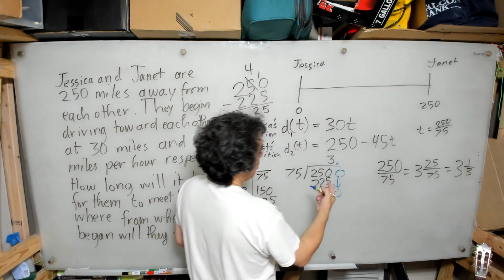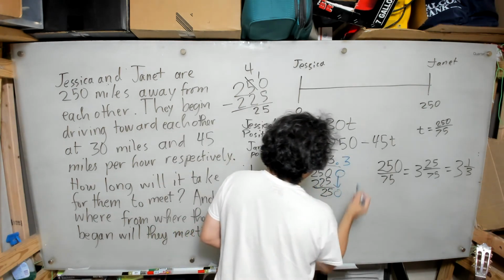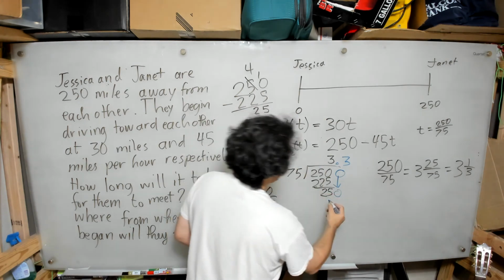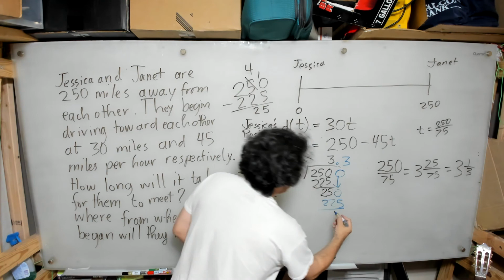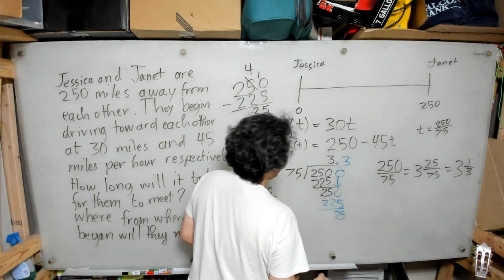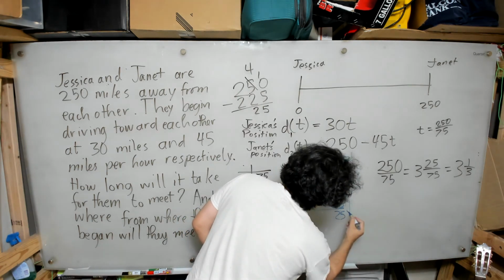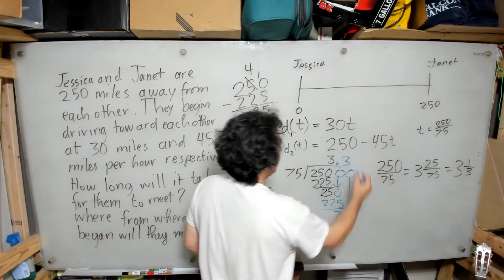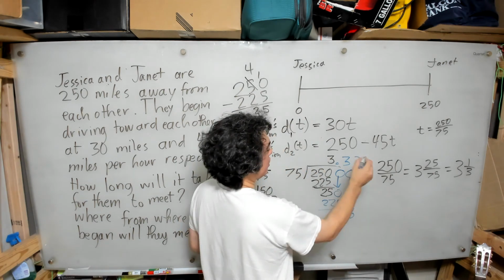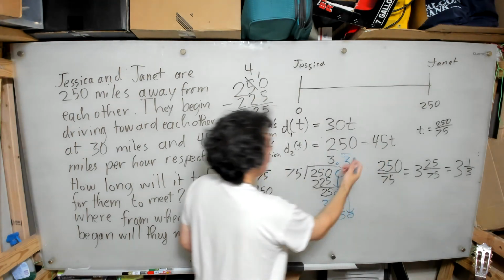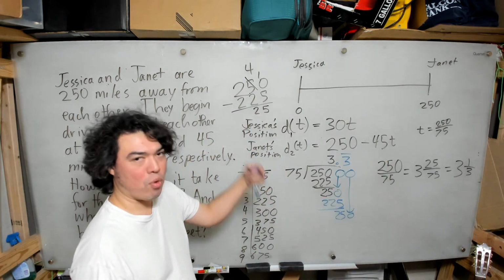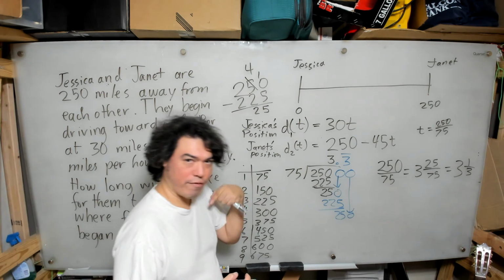I know that it's going to be, again, 3. 3 times 75 is going to be 225. I know that when I subtract it, I'm going to get 25 again here. I'm going to add another 0. It's going to be 250. It's going to be 3. And it's going to continue forever like this. So it'll be 3.3 with a bar to indicate that it's going to be 3.33333 forever and ever.